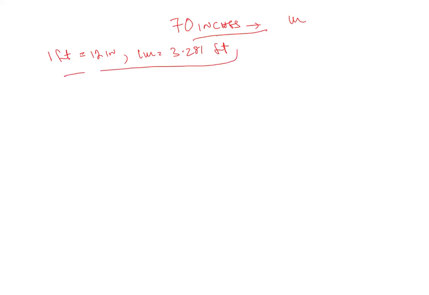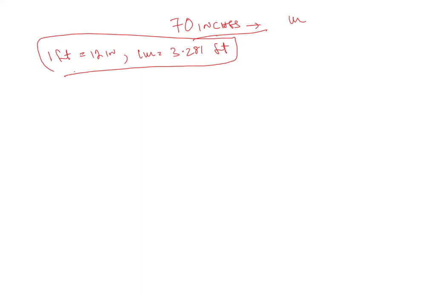If you have to convert 70 inches to meters, say they give you the conversion like this: 1 meter equals 3.281 feet. Even if you know the conversion between inches and meters, you must follow this method to find out. I don't think you're going to remember inches to meters.